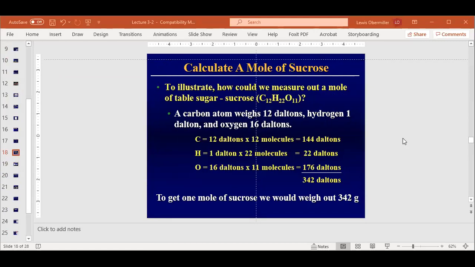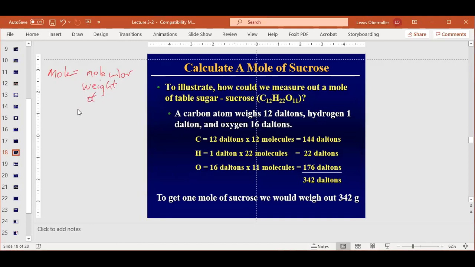Okay, so we left off talking about molarity. Can you guys see this, the PowerPoint? Yeah. Okay, so remember a mole is the molecular weight of all the molecules in a compound.